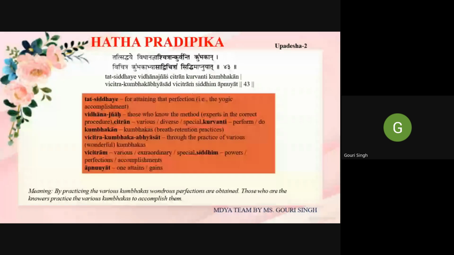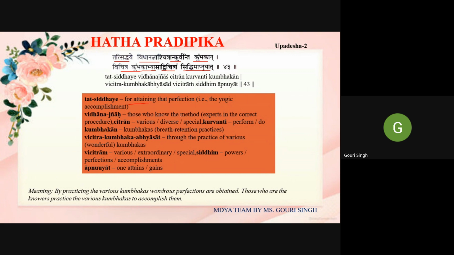So what happens next? Tat siddhaye vidhanajnaha chitram kurvanti kumbhakan, vichitra kumbhaka abhyasa siddhi chitram siddhim apnoyat. Siddhaye means the perfection of the yogi or the practitioner. Vidhanajnaha are those who know the method.